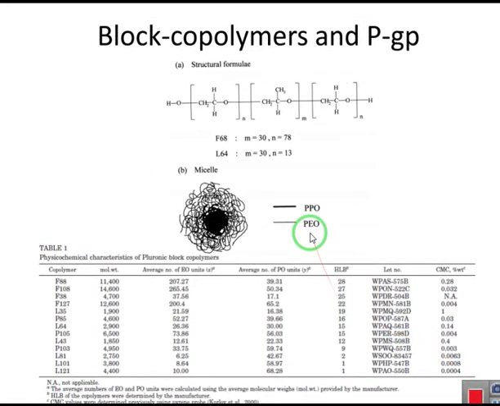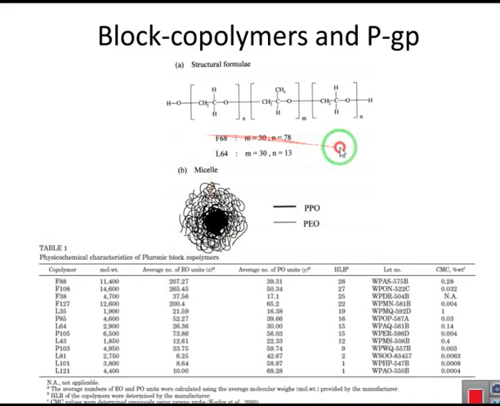This table says that if we choose the block copolymers with the right molecular weight and the right ratio between the PEG part, the hydrophilic part, and the hydrophobic part, the PPG, we can build a library of different micelles with different sizes, okay?